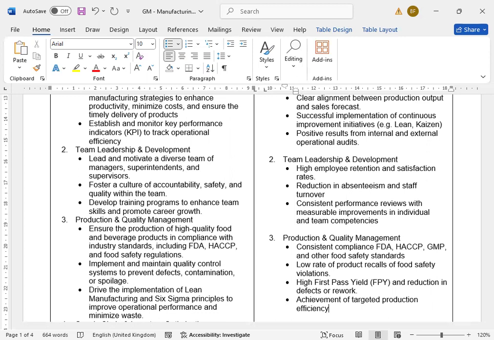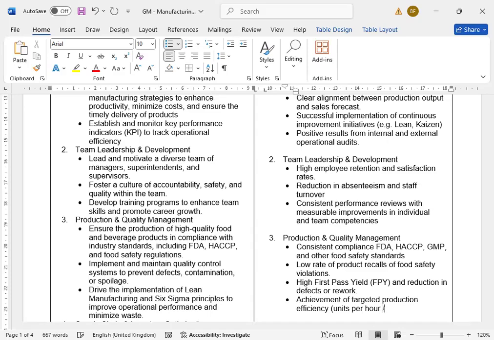Okay, I'll give you an example of production efficiency: units per hour. How many units produced per hour?